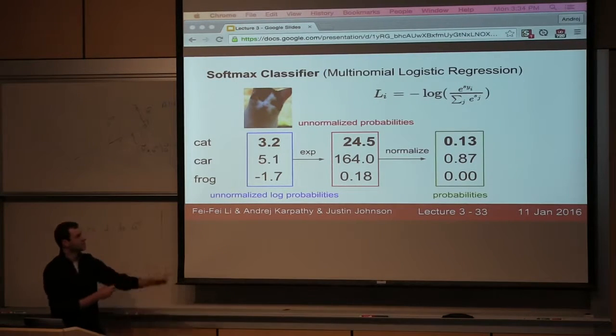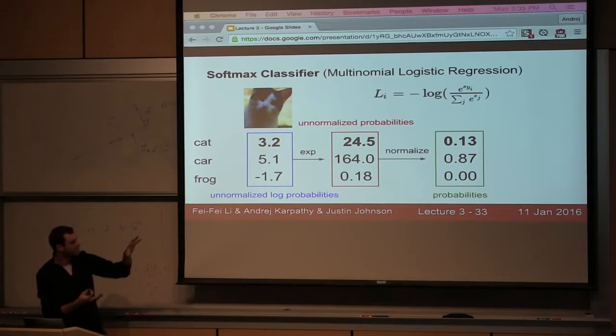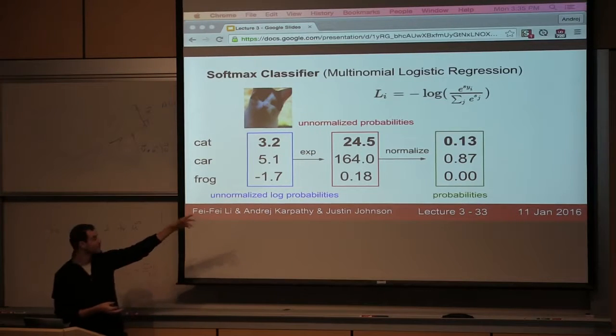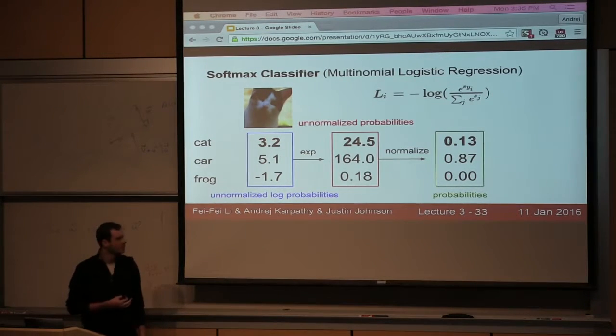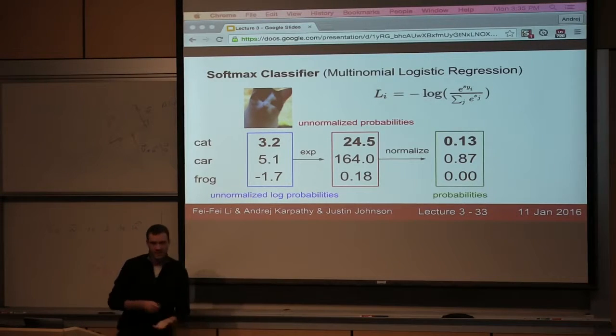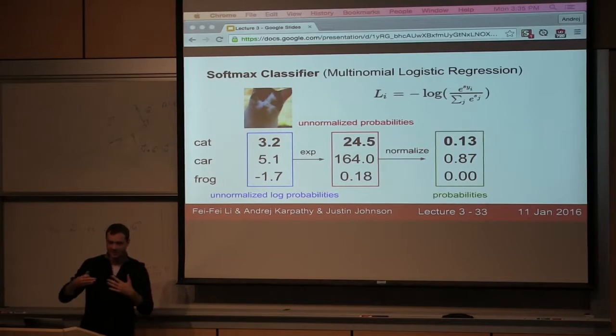So under this interpretation, we've carried out the set of transformations, and what this is saying is that the probability assigned to this image of being a cat is 13%, car is 87%, and frog is very unlikely, 0%. These are the probabilities. Normally in this setting, you want to maximize the log probability, because it turns out that maximizing just the raw probability is not as nice mathematically.